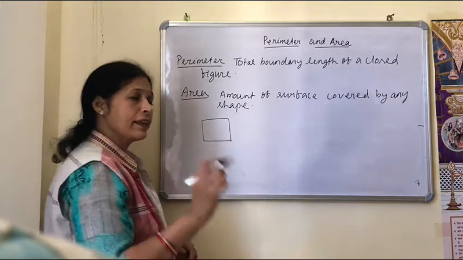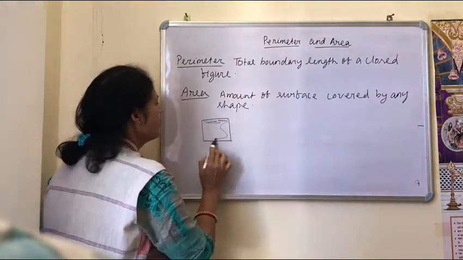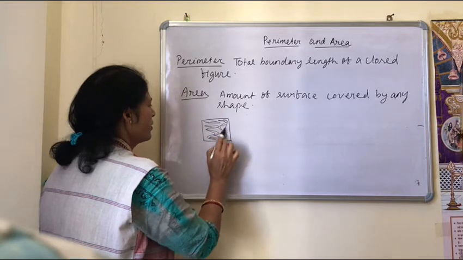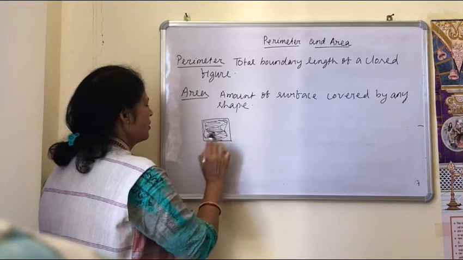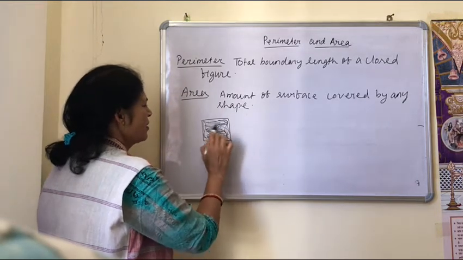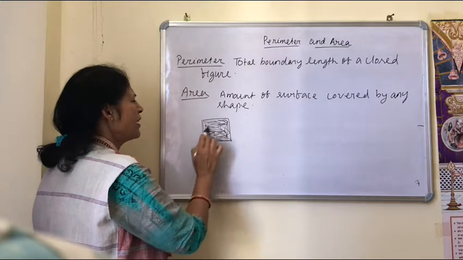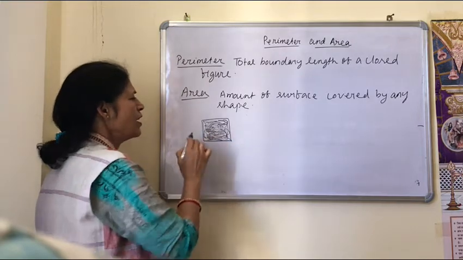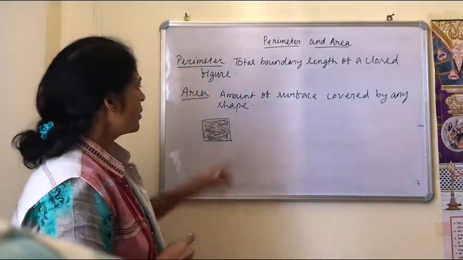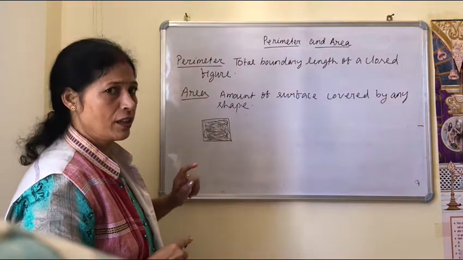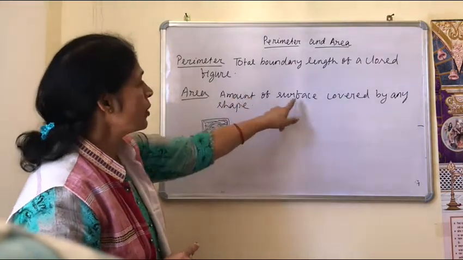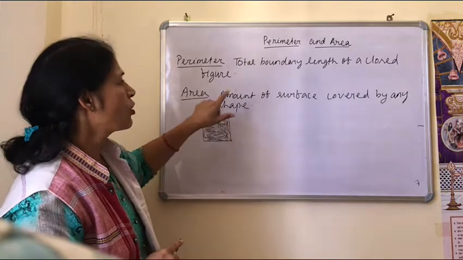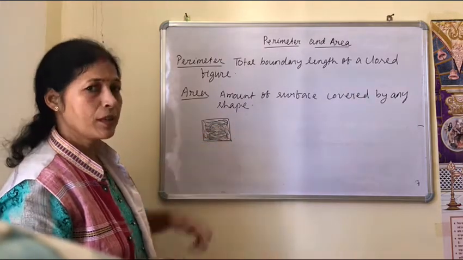What is the area? The space covered inside this shape is the area. Clear? This is the area of the square. So area is the amount of surface covered by any shape.